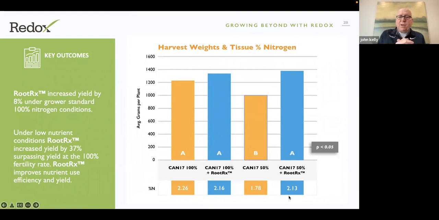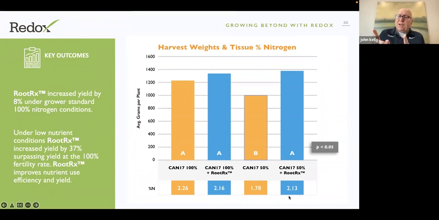As you can see, we get our yield, very good yield. The second column is 100% budget using RootRx. Again, is the product for improved root growth and metabolism. And we get a modest 8% increase in production.